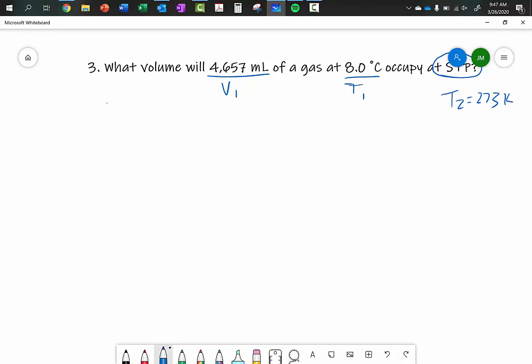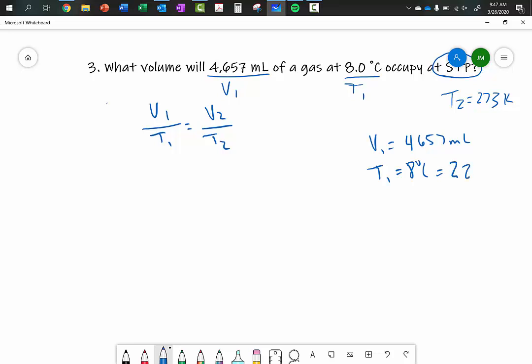So what's going to help us with this one? Well, we're going to use Charles's law. Charles's law says V1 over T1 is equal to V2 over T2. So let's revisit what all of my variables are. V1 is 4,657 milliliters. T1 is equal to 8 degrees Celsius, which is equal to 281 Kelvin. I don't know V2, that's what I'm solving for. But I do know T2 is equal to 273.